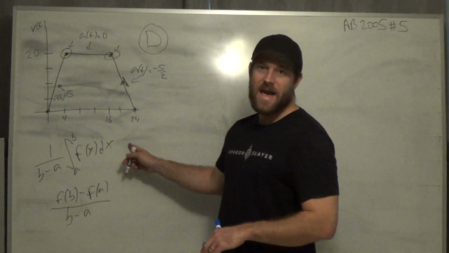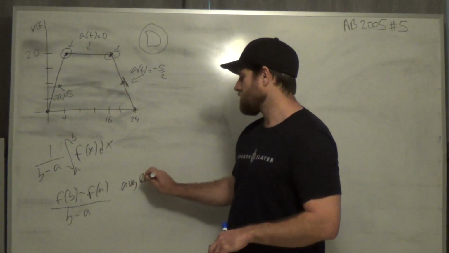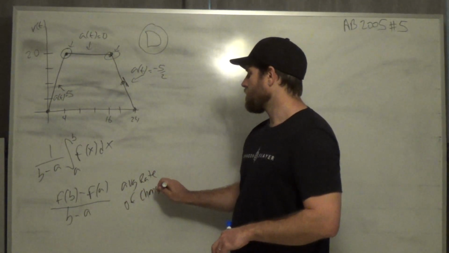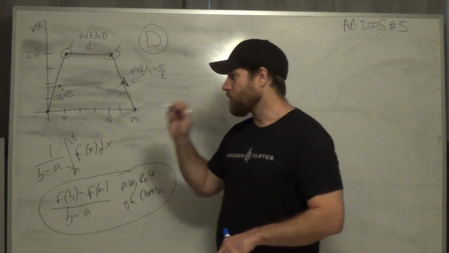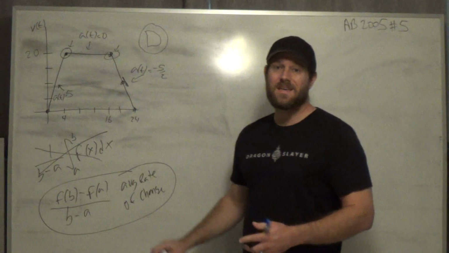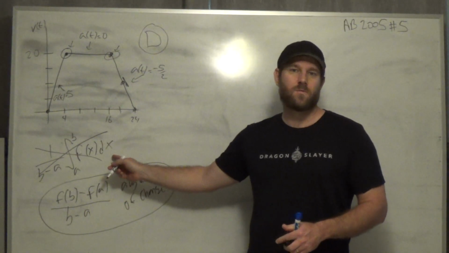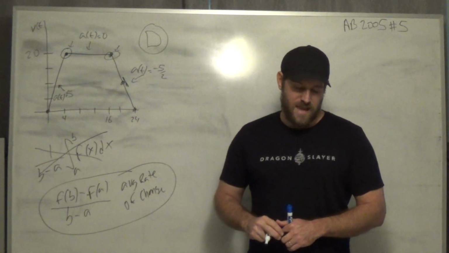Average value of a function, average rate of change. This is what we want here. We do not want this. And in fact, they actually told us average value of a function is not on the AP exam. They're worried too many people didn't get to it. All right, so part D says find the average rate of change.